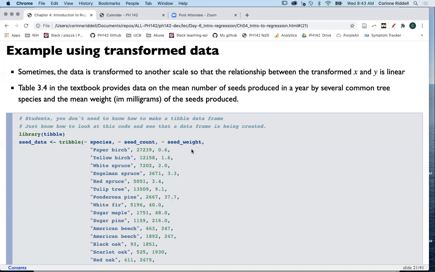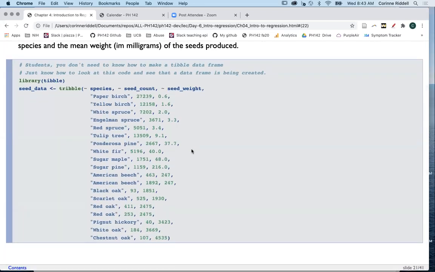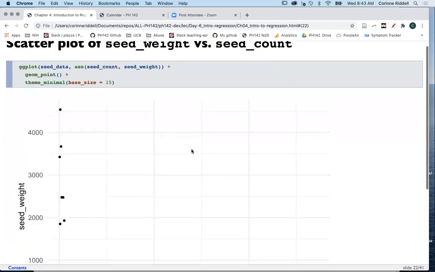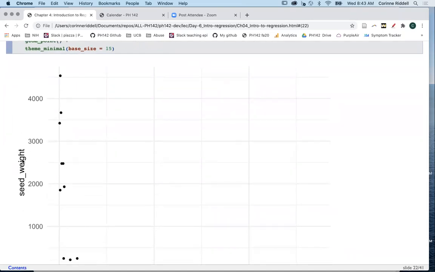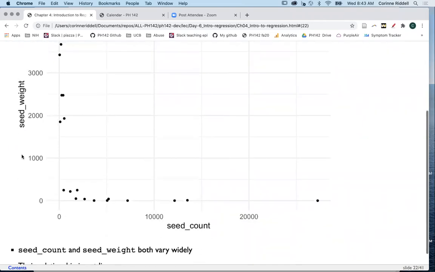So if you plot it first, we have seed count and seed weight, and we're putting seed weight on the Y. I feel like this one is less clear if I was to ask whether there's a clear response and explanatory variable. Maybe if I knew more about trees there would be, but anyway, we're putting seed weight on the y-axis and seed count on the x-axis.